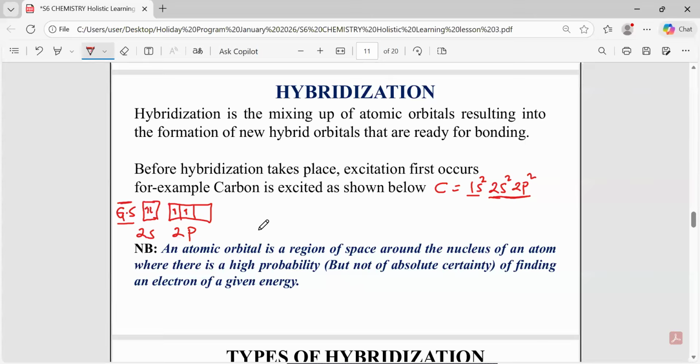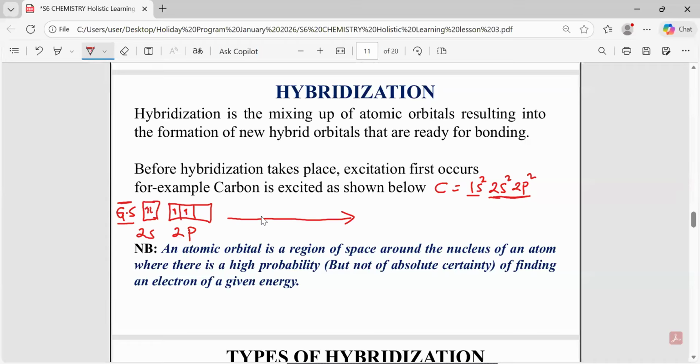So we said heat energy is applied to the carbon atom in the ground state. And then after that happens, one of the s electrons is promoted to the 2p orbital of higher energy. Why? Because that orbital has a free space. So the fully filled 2s orbital releases one electron, and that one enters into that space in the p orbital.